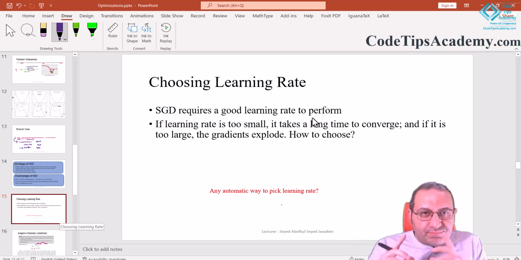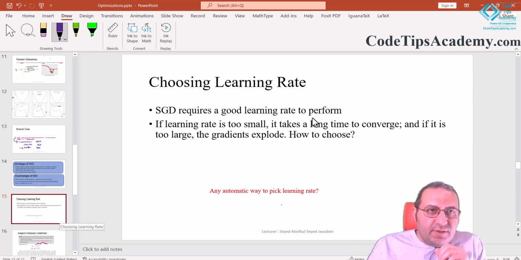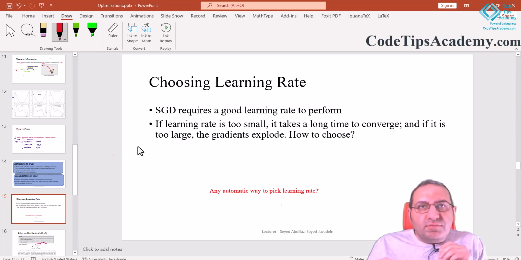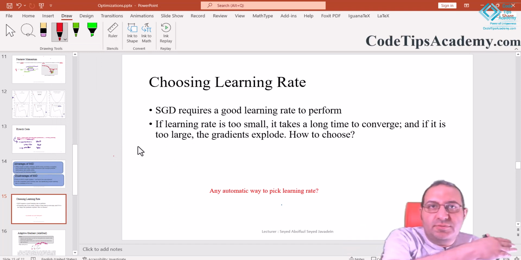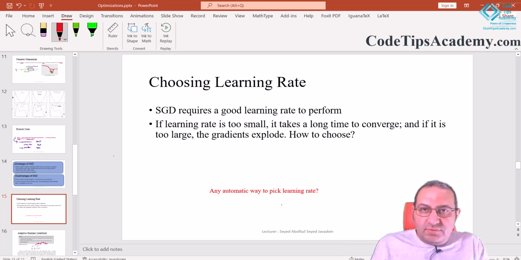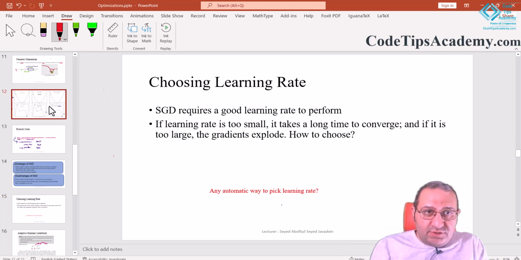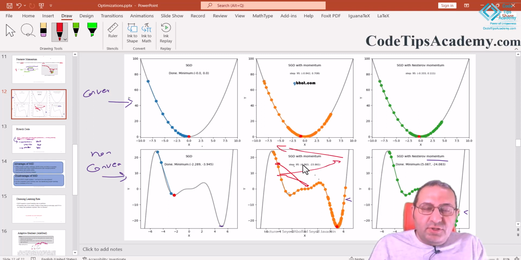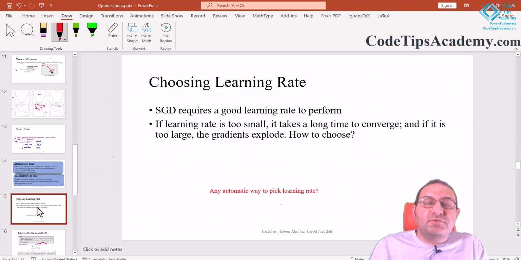But there is a question here. We have an issue using a standard learning rate. A slow learning rate means slower movement to the global minimum, and a larger learning rate means it goes here, then here, then here, so a larger learning rate may sometimes lead to divergence.